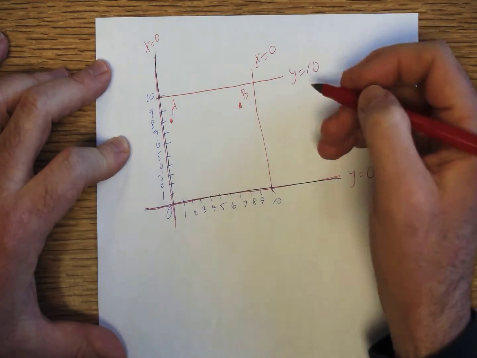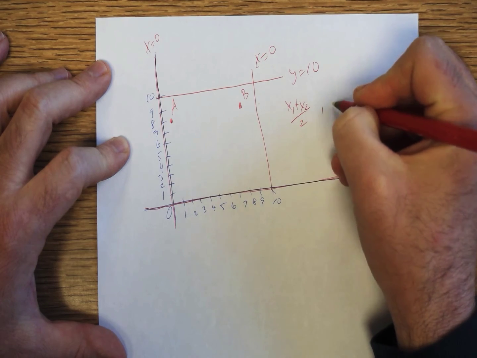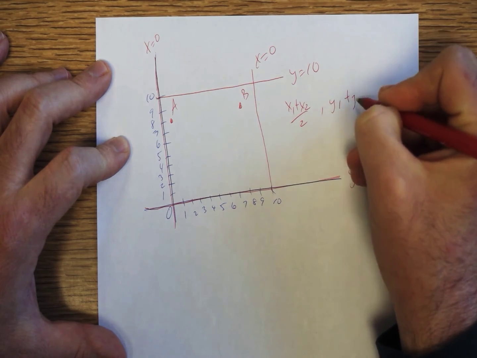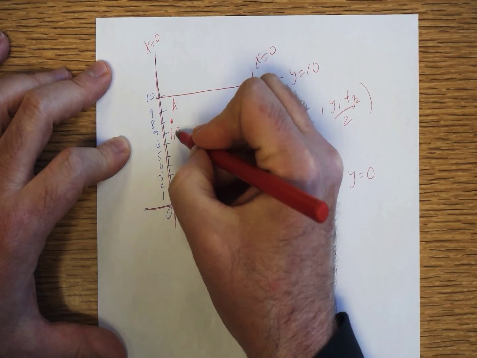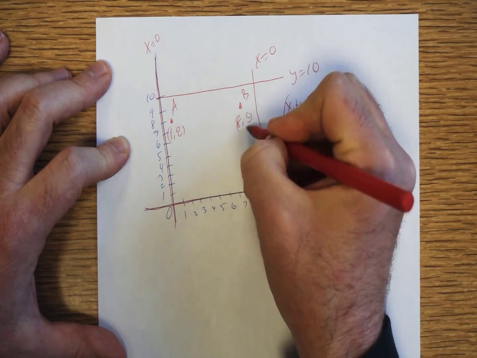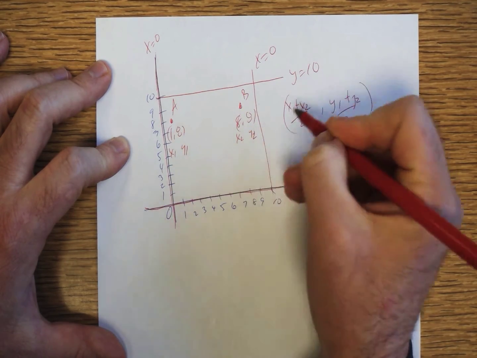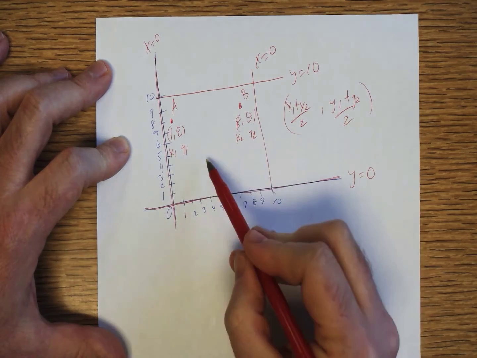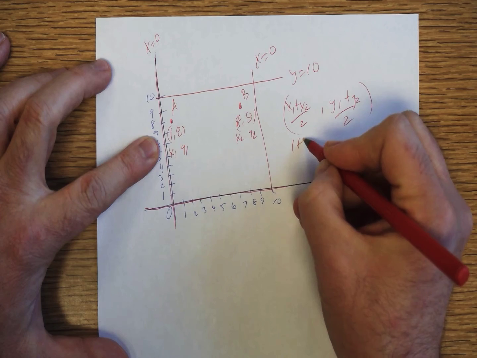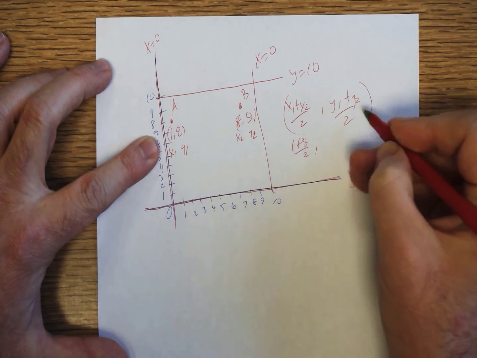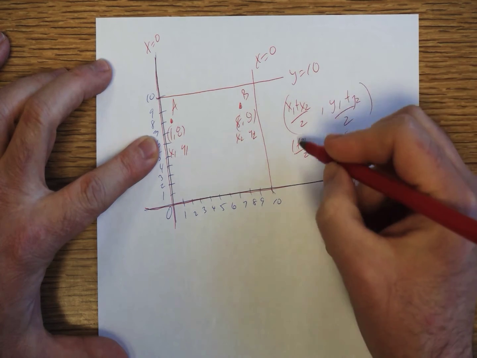Well, the midpoint formula is x1 plus x2 divided by 2, y1 plus y2 divided by 2. We know this one is 1, 8, and this is 8, 8. So this is just x1, y1, x2, y2. It doesn't matter which way you assign them. So we got 1 plus 8 divided by 2, and 8 plus 8 divided by 2.